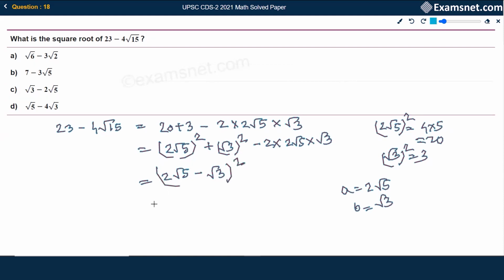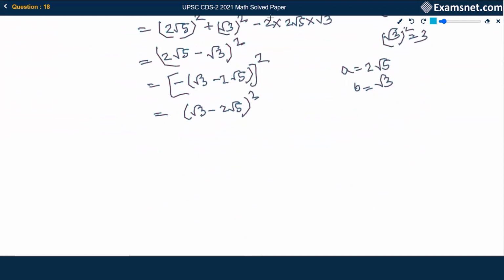Also, since we have to match it with the option, we can take root 3 in the first place. So it will look like root 3 minus 2 root 5 whole square. That will also give us the same thing, correct?